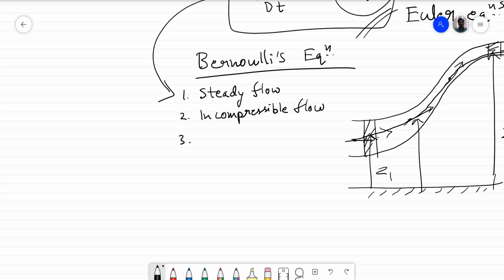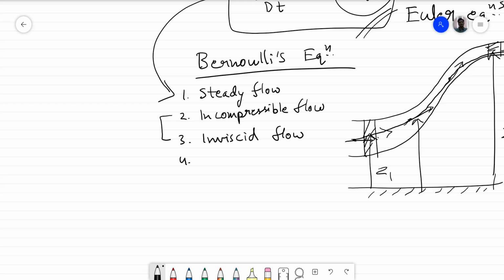Either it can be a rigid body motion where there is no friction between any two layers of the fluid, or any two regions of the fluid. So the third I can say is inviscid flow, where 2 and 3 we have already taken care of in Euler equations.